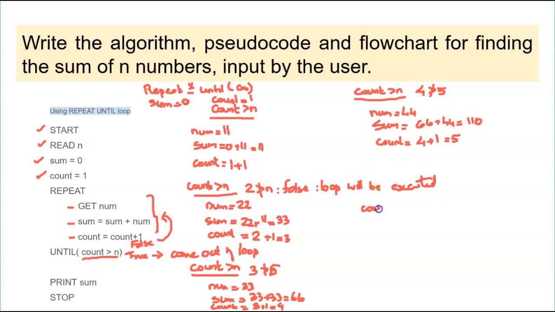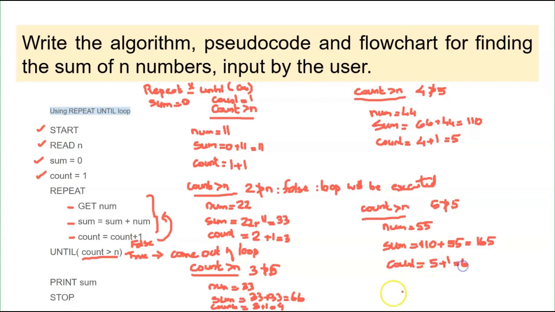Again it will check, count is greater than n, 5 is not greater than 5, it is equal to 5. So it will again be executed, num will be 55, sum will be the previous sum plus 55, so it is equal to 165, and count becomes incremented by 1, so 5 plus 1, 6.